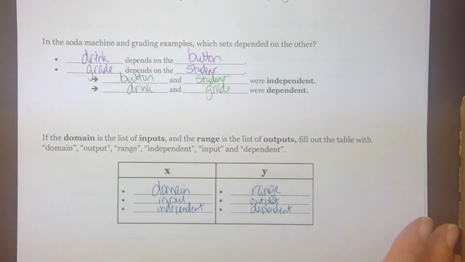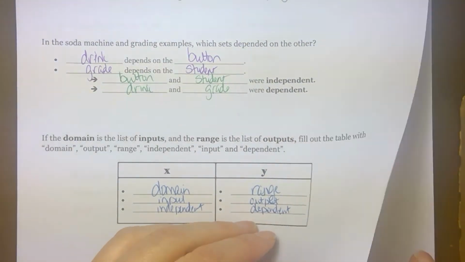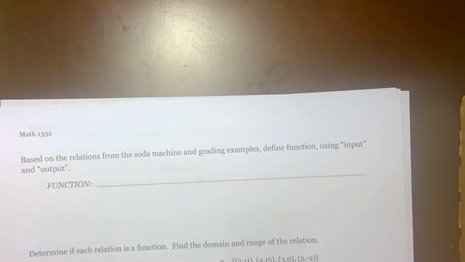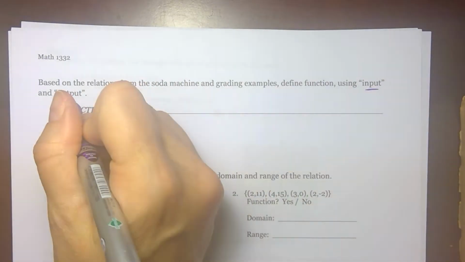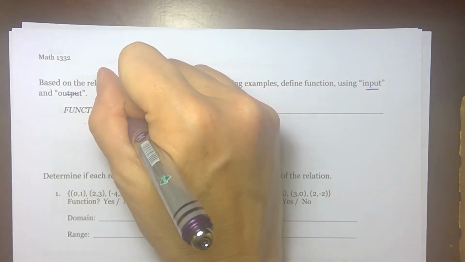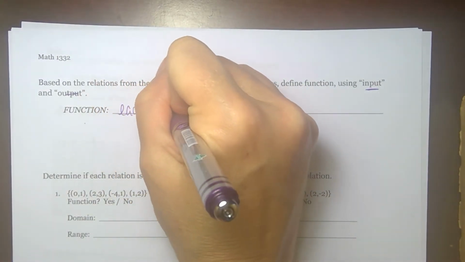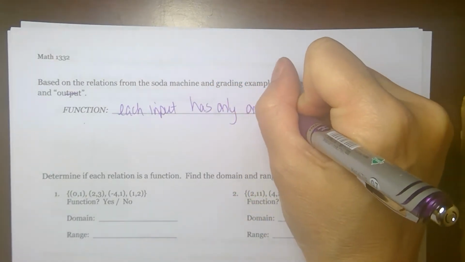There are vocabulary terms for domain and range. Okay, one more time, we're going to define our function. When I have a function, make sure we use the terms input and output. When I have a function, each input has only one associated output.